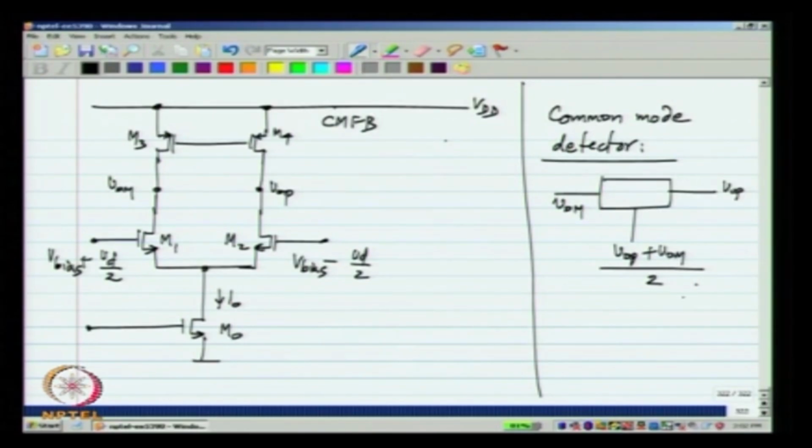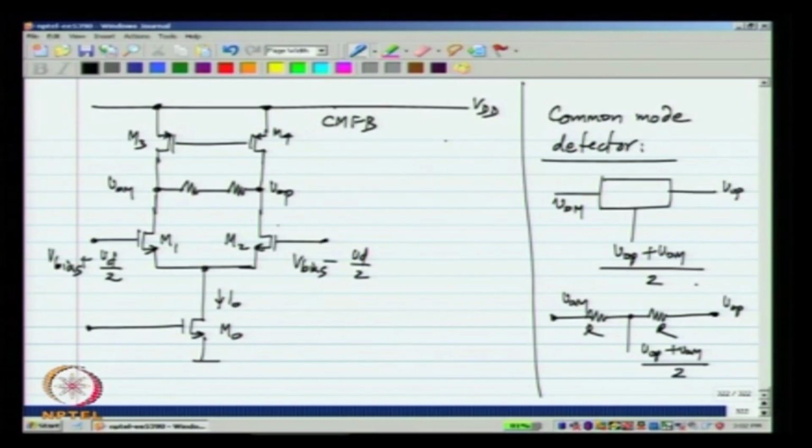The simplest way of getting the average of two voltages is to use a resistive divider between VOP and VOM. So, we will get VOP plus VOM by 2, if these two resistors are equal. That is a potential candidate for the common mode detector. So, let us use that here. We will see what the implication of this is later.